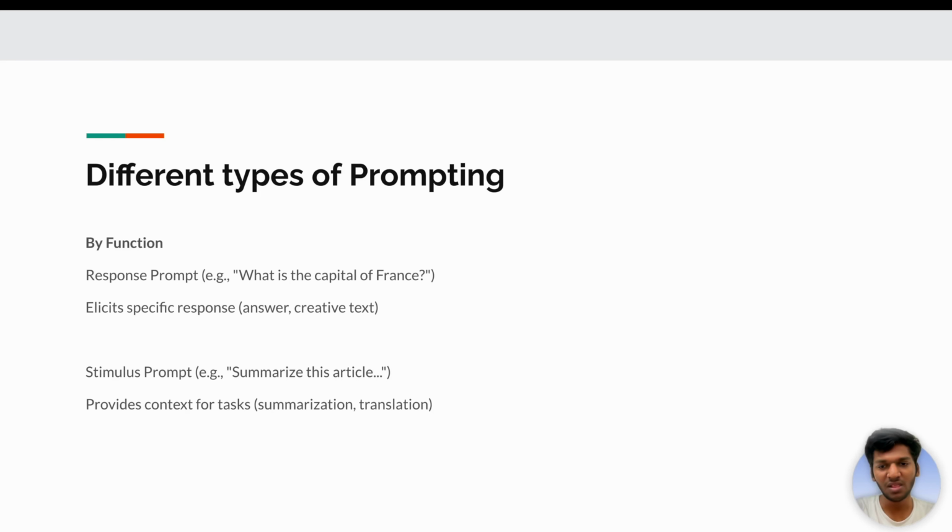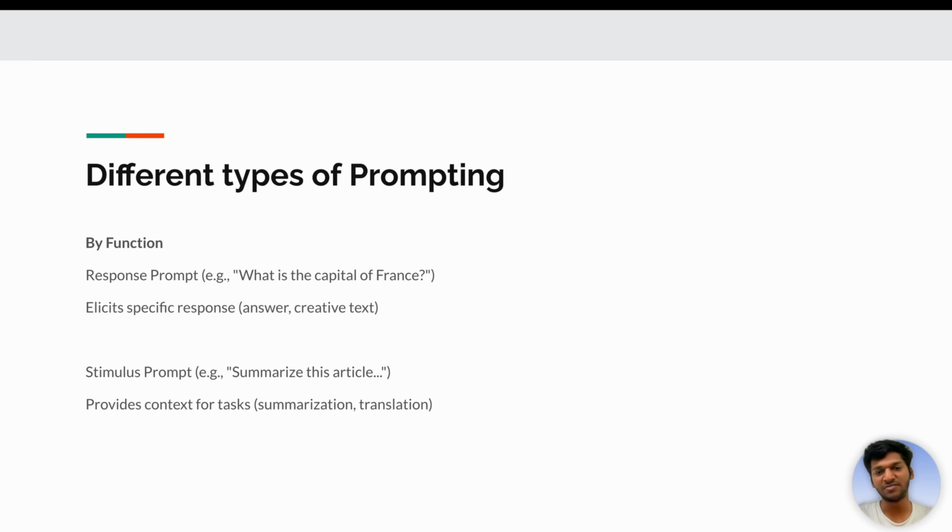Okay, then stimulus prompts. These prompts provide the LLM with information or a context to guide its response. This can be useful for tasks like summarization, translation, or question answering based on a specific passage.